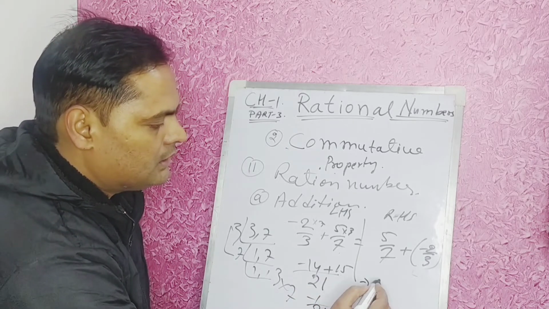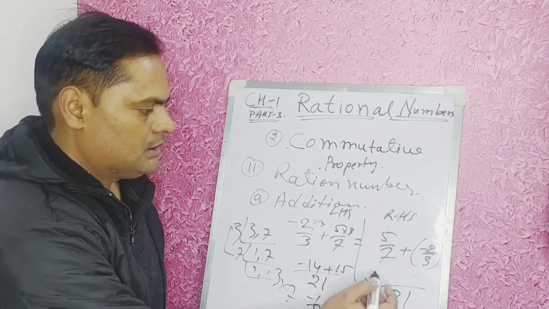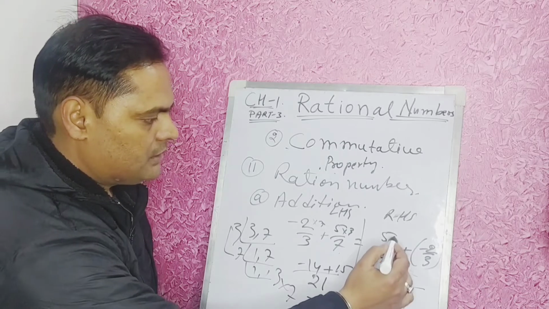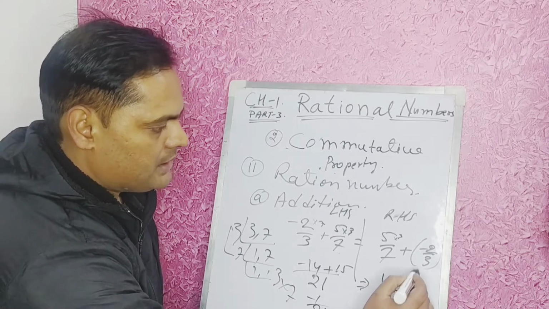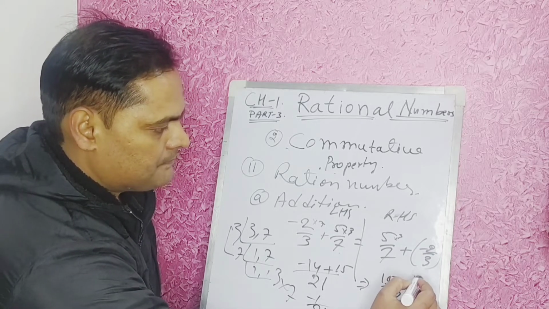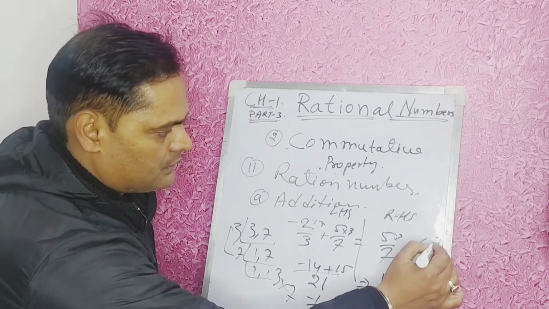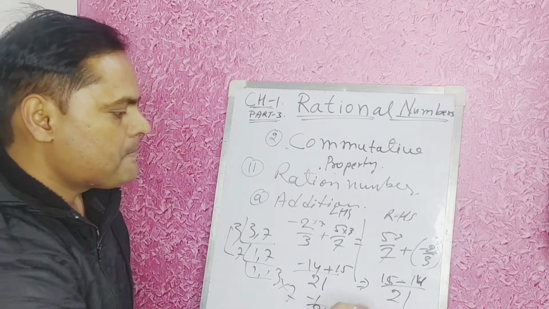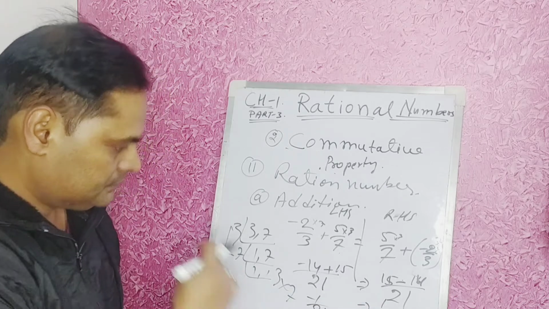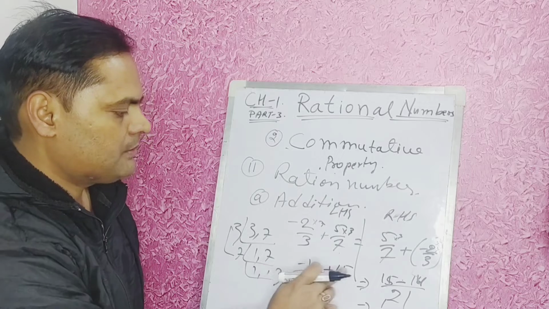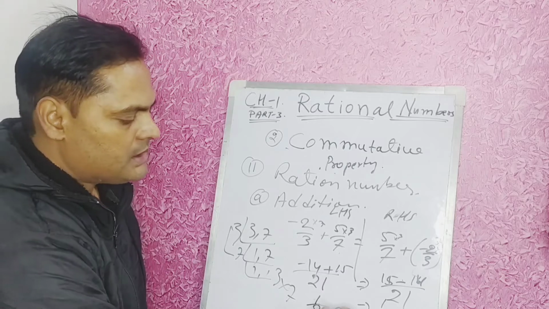And here again it's 21, and this comes like 7 into 3, that is 15, plus minus minus 14, and here we have 1 upon 21. Here I need to take the sign of the greater one. So both sides are correct.